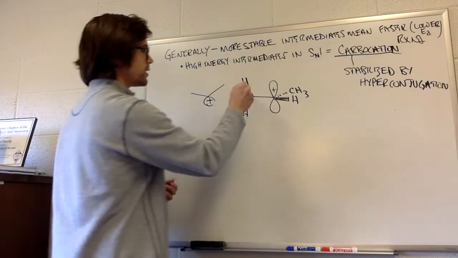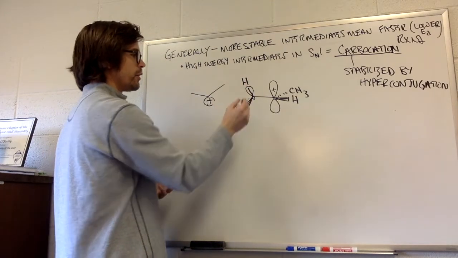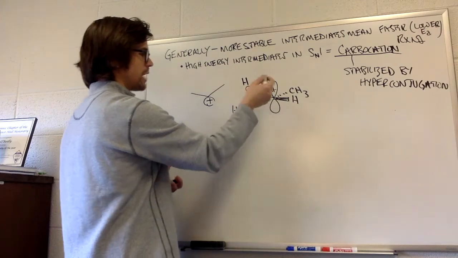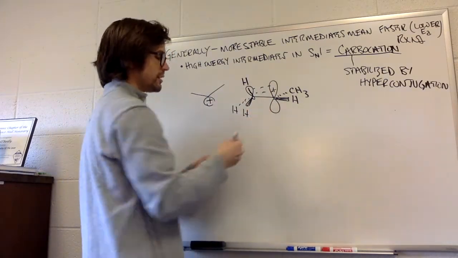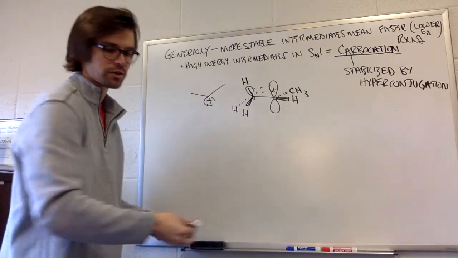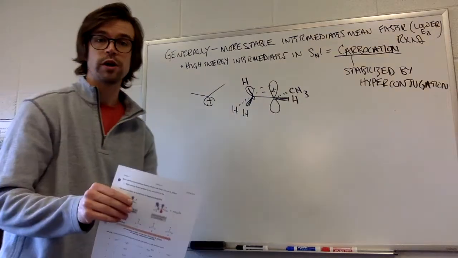So essentially, we can draw that sp3 orbital, and we'll just draw some dotted lines showing that it is giving away some of its electron density to stabilize that positive charge. And that's what I have in your note packet too, right here.